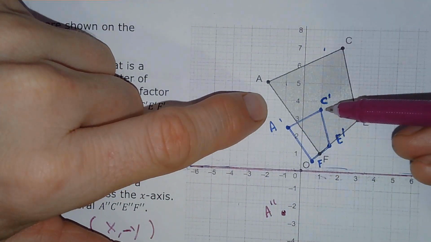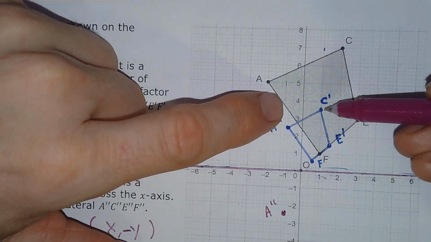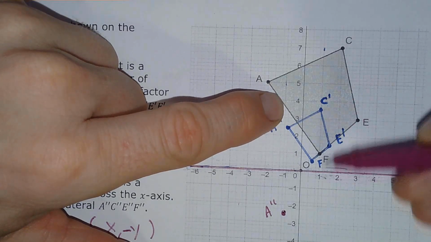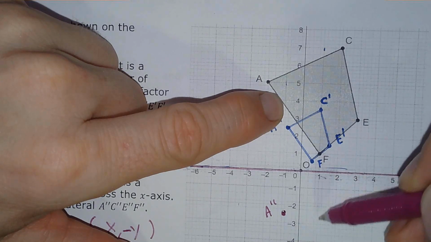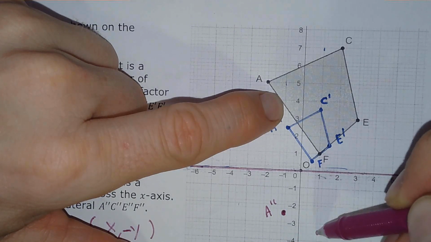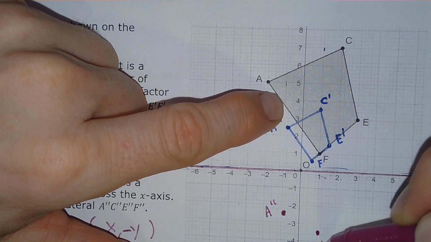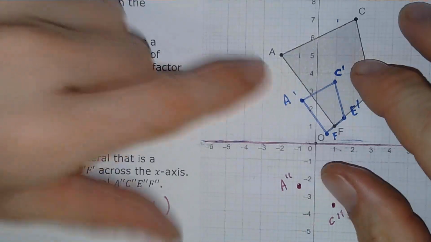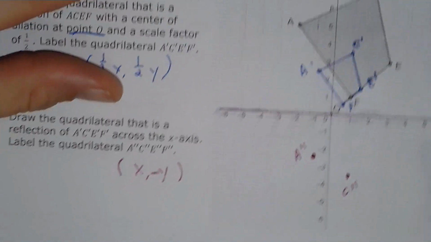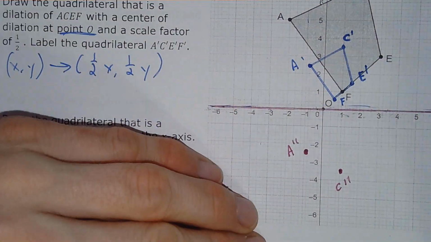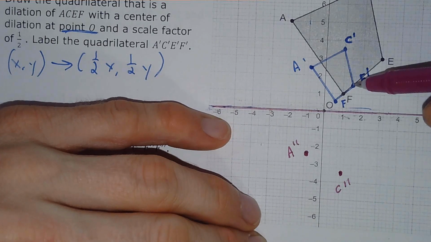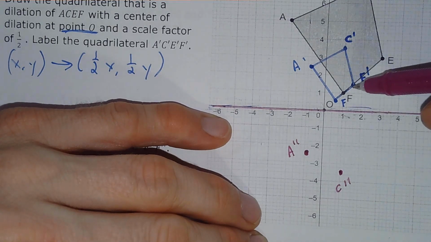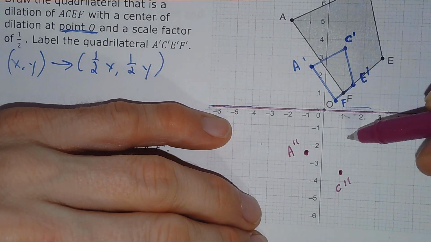C is 3.5 at 1, right? It's going to ride 1 to negative 3.5. Let's see if you can. There we go. So that's C double prime. E is 1.5, 1.5. It's going to stay 1.5 at x, and it's going to go to negative 1.5 at y.